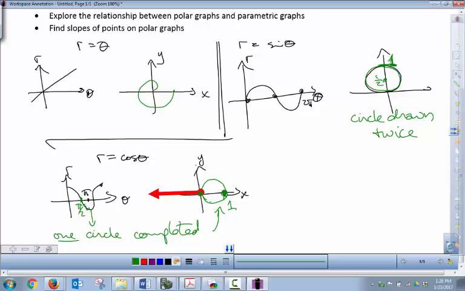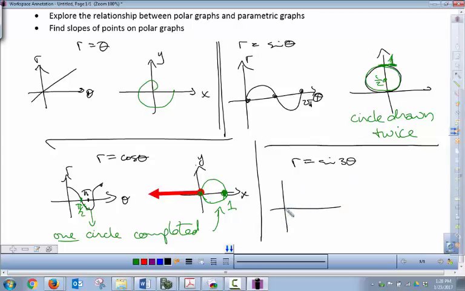And with some of these other functions, like 3 theta, for example, where you get 3 frequencies from 0 to 2 pi, or you see the sine function 3 times. Is that 3 times? 2, 3. From 0 to 2 pi.